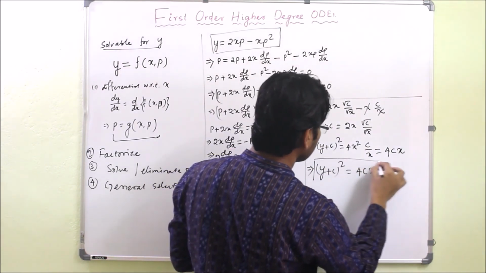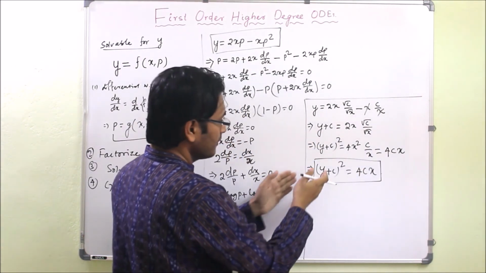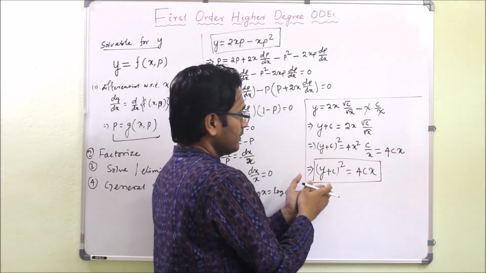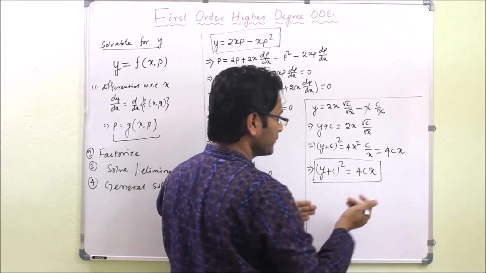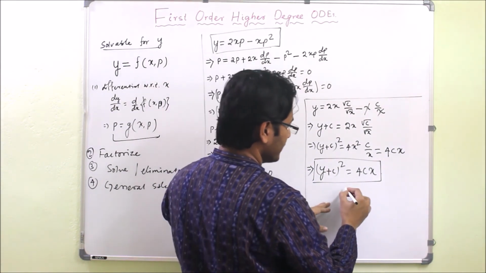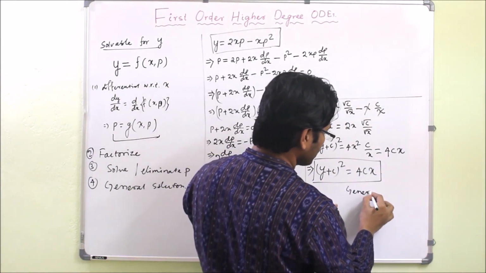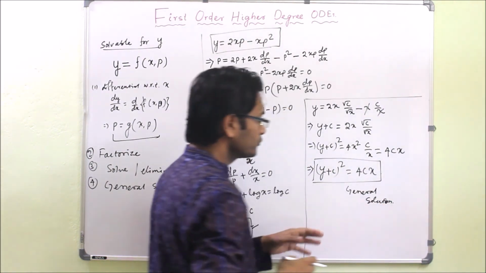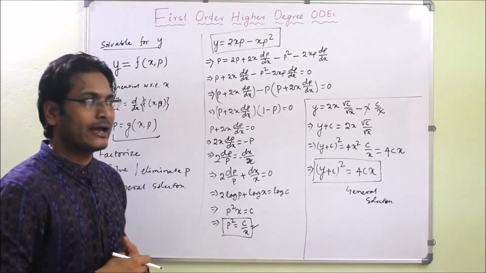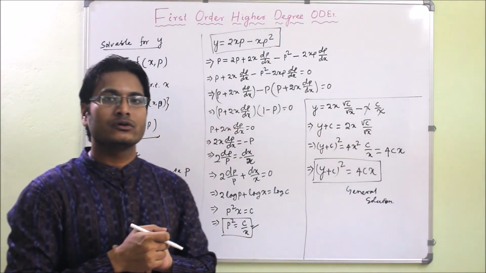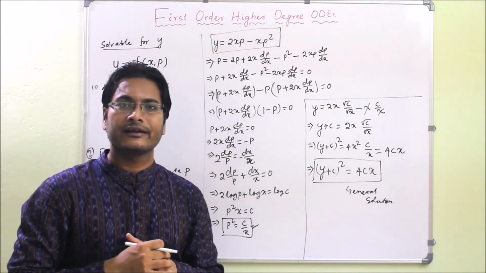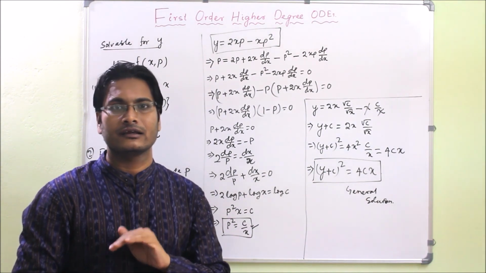This is our general solution, or we can simplify this equation and get the simplified solution, which is also treated as the general solution. In this way we can apply this solvable for y technique to solve first order higher degree ordinary differential equations.